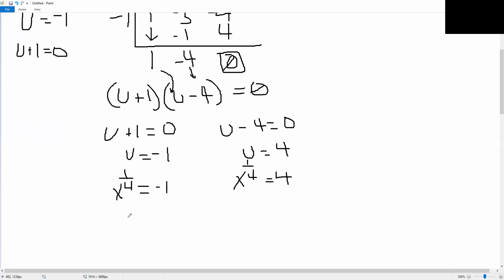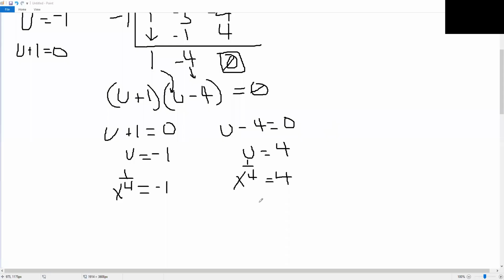Now, you're going to say, well, how do I solve this? Easy way to think of this is x to the 1/4, right? You could do this basically, x equals 4 times 4 times 4 times 4, which is 256.